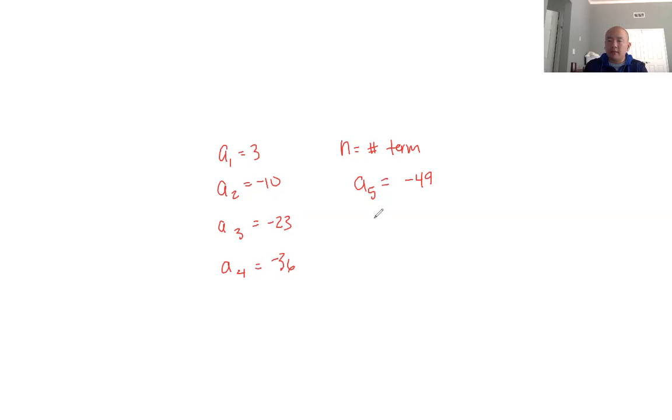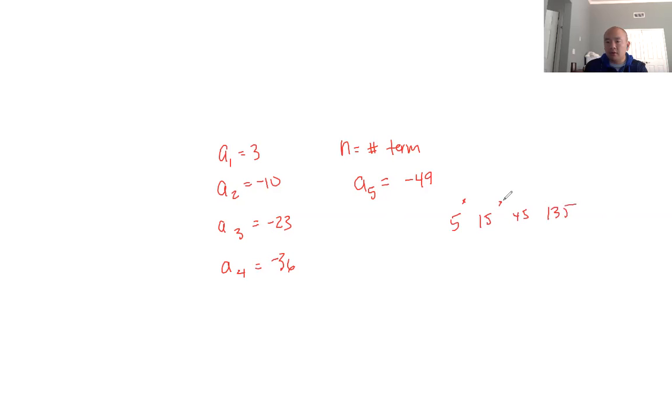Also, you have to understand the differences between arithmetic and geometric sequences. Arithmetic sequences are separated by a common number, or a common difference, and a geometric sequence is separated by a ratio. For example, if I said 5, then times 3 would be 15, times 3 would be 45, times 3 would be 135, and so on.